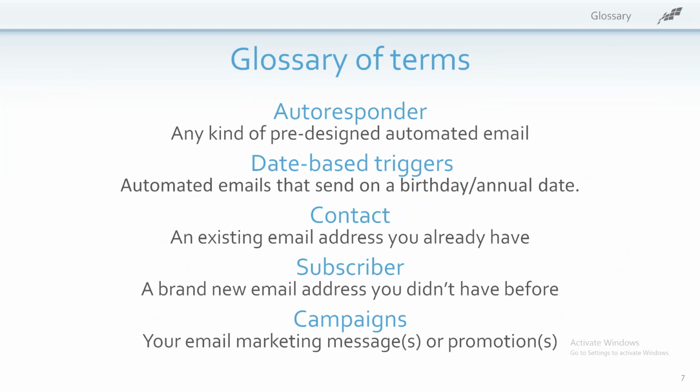So when I say autoresponder, I'm talking about a series of pre-designed automated emails designed with a specific goal that is triggered after a contact or subscriber is added to a list through your online sign-up form, or you can add them manually. It is set up to send out mail in sequence after it's triggered to send when new subscribers join the list or you add them.